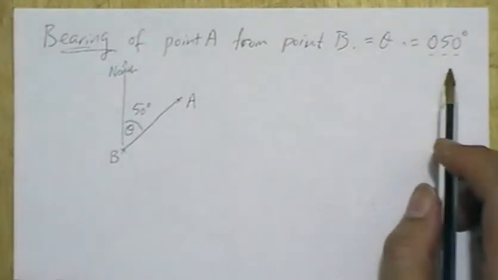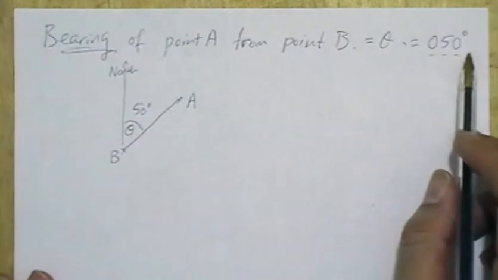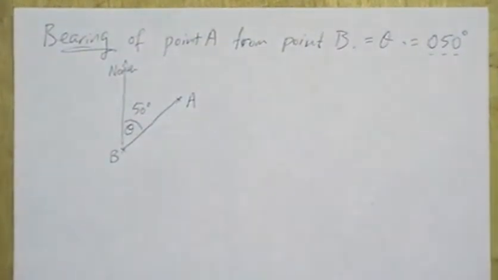So we say that the bearing is 050 degrees, rather than just 50 degrees. That's a conventional, usual way to write it.